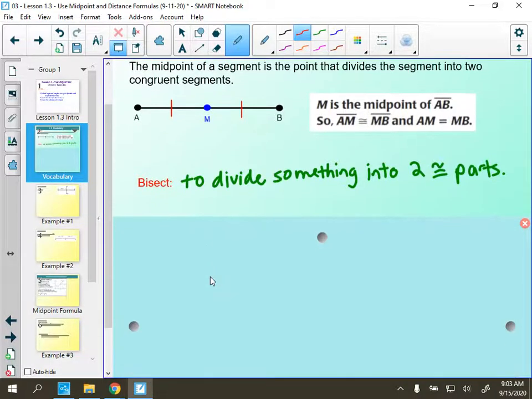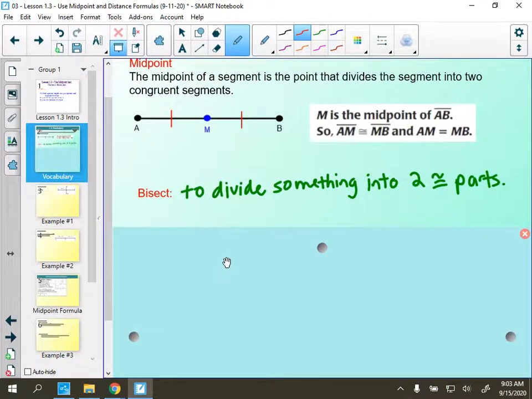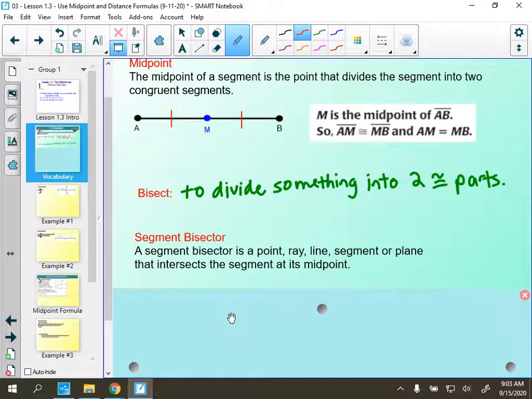So for us, where that leads is a segment bisector, which is more broad, more general than a midpoint. It's anything, geometrically speaking, a point, a ray, a line, a segment, or even a plane that intersects a segment at its midpoint. And you're thinking, well, what the heck?